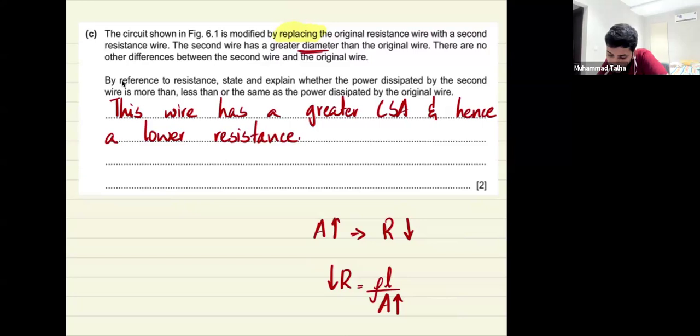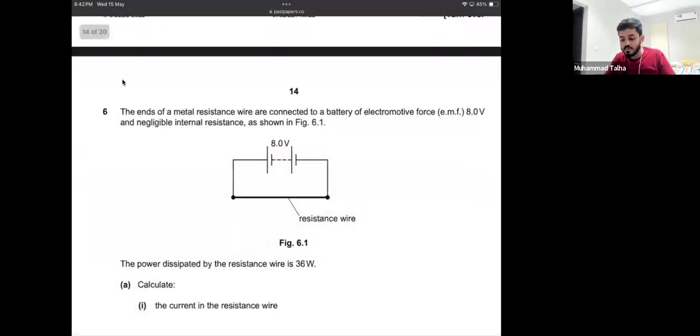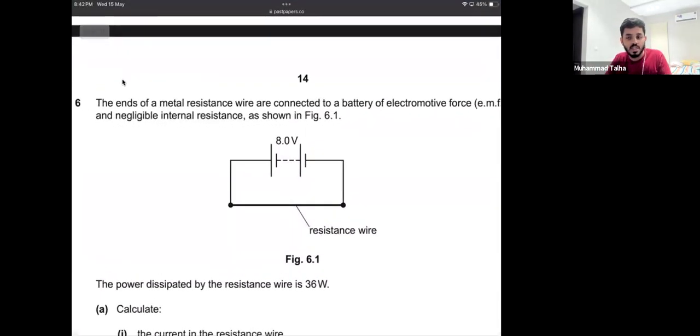So it says the power dissipated by the second wire. Oh, so it says power. Oh, so I didn't read it properly. So power dissipated. Now let's think about this. What formulas do we have? It's linked to what I was just talking about: 8 volts is going to appear here.